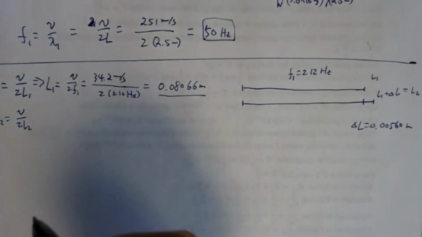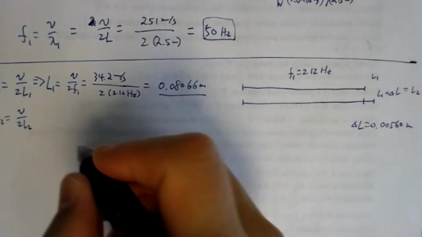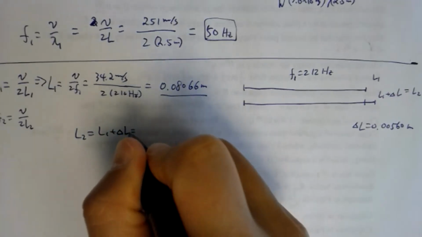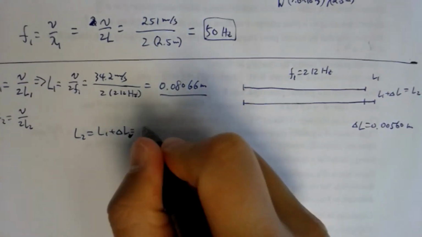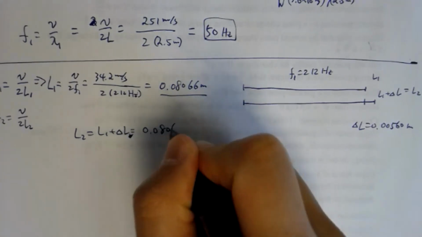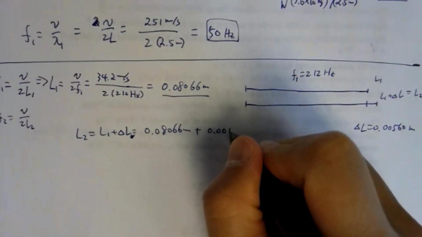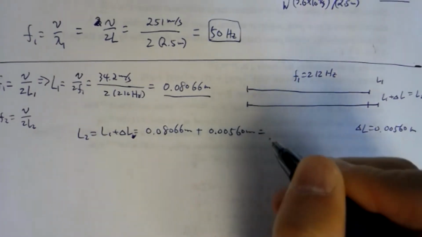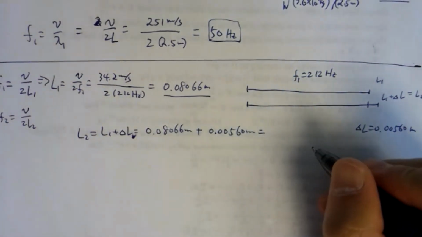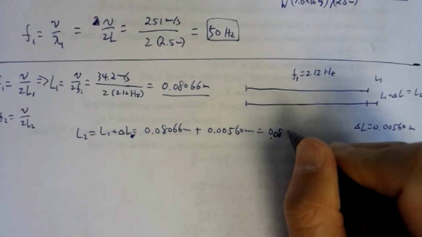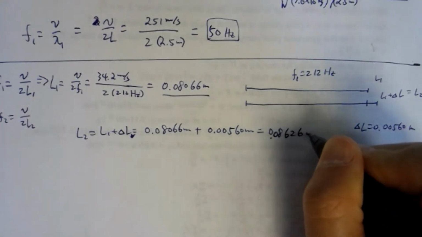All right, so then I can find my L2. My L2 would be L1 plus delta L, 0.08066 meters plus 0.00560 meters, okay? So that will give me 0.08626 meters.